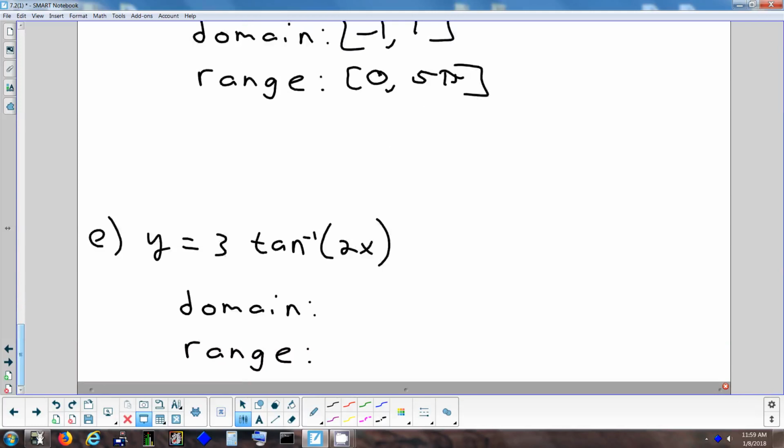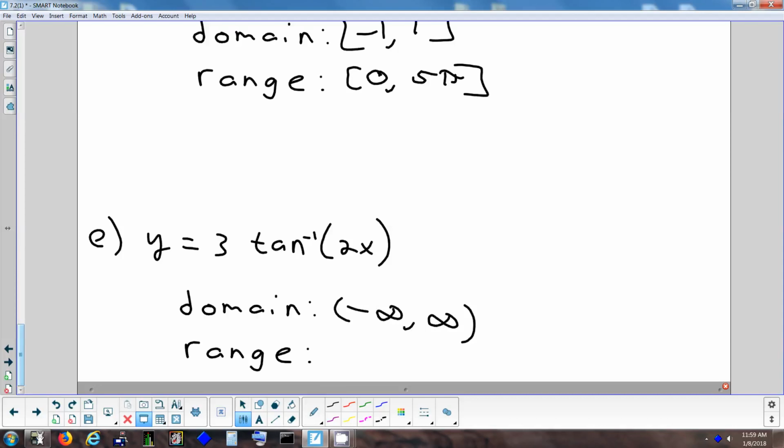Now, what was the domain of inverse tangent? It was already negative infinity to infinity, so if you double that, still negative infinity to infinity. So whenever you have a question with inverse tangent, the domain never changes. Always negative infinity to infinity.